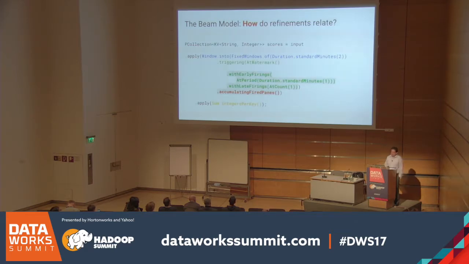Now let's see how a more sophisticated trigger can help us deal with late elements. So I'm going to modify the same pipeline I've been doing before. We are still producing the elements when the watermark passes the end of the window. But in addition to that, we are producing a correction, an updated result every time we see a late element.